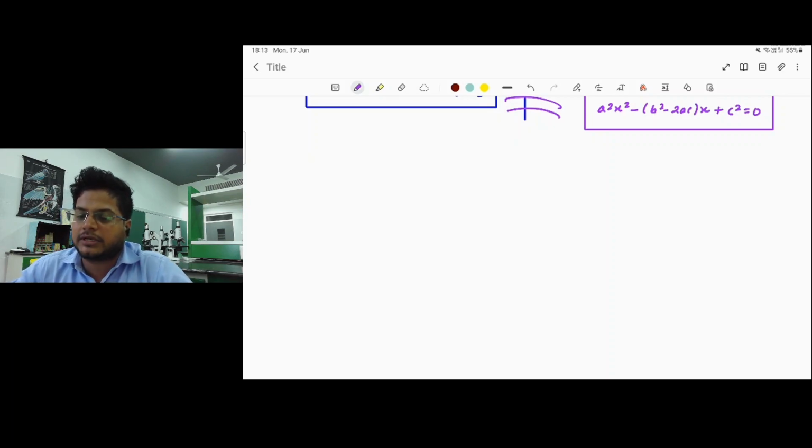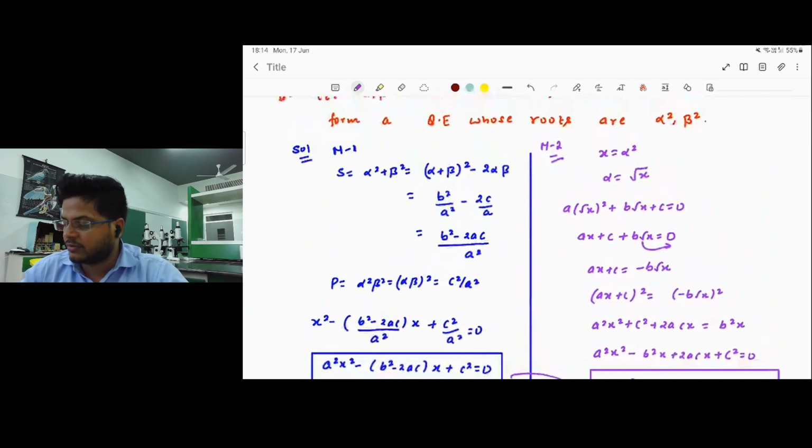Or in case you want to show off the knowledge that you have and make an impression, you can try to form a quadratic equation having the roots alpha cube and beta cube. Can we do this? We can do this. We will assume that x equals alpha cube, like here we did x equals alpha square.